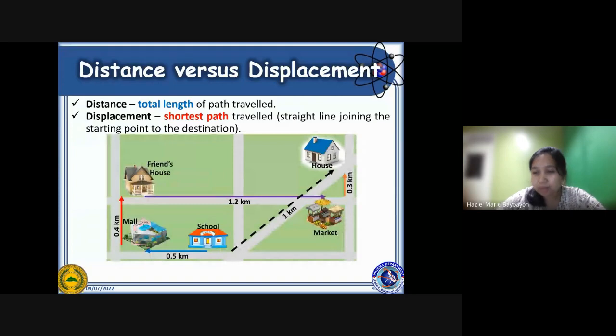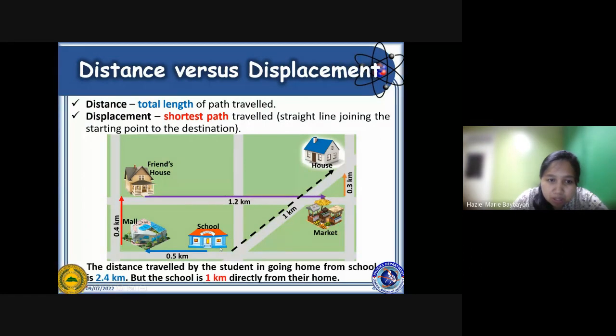So, for example, we have here an example class. Let us take a look at this example. A student is initially at school, and after school, he or she walks 0.5 kilometers to the mall. Wow, the school is near the mall.